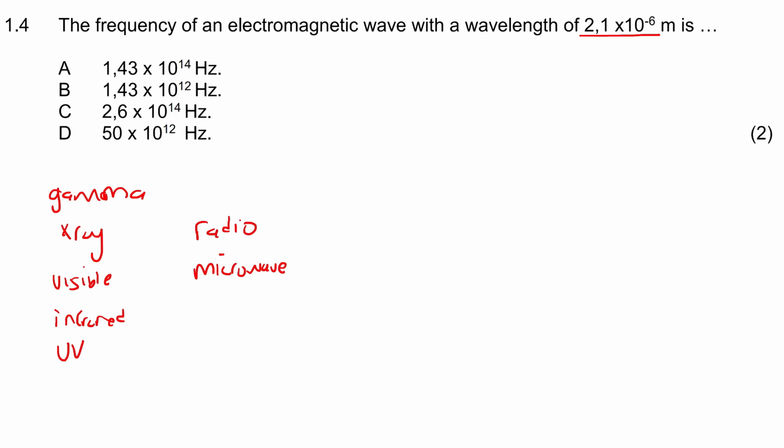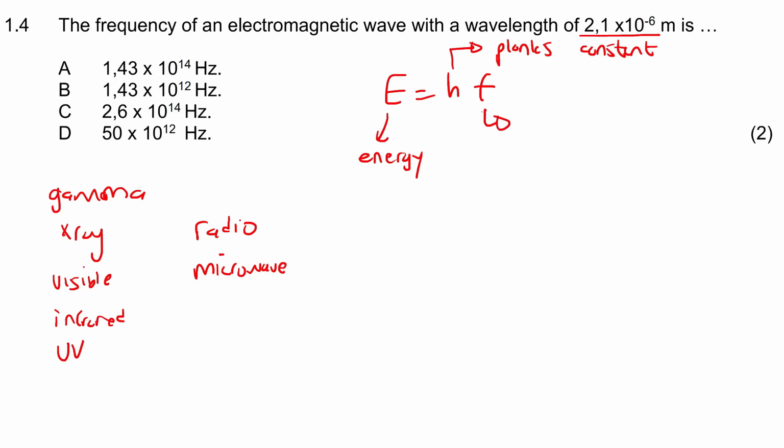Now, when we are busy in this section of electromagnetic waves, we've got this formula that goes E equals hf. Okay? Now, E is the energy. h is Planck's constant, which is just a constant number that they'll typically give you on the formula sheet. And then f is the frequency.